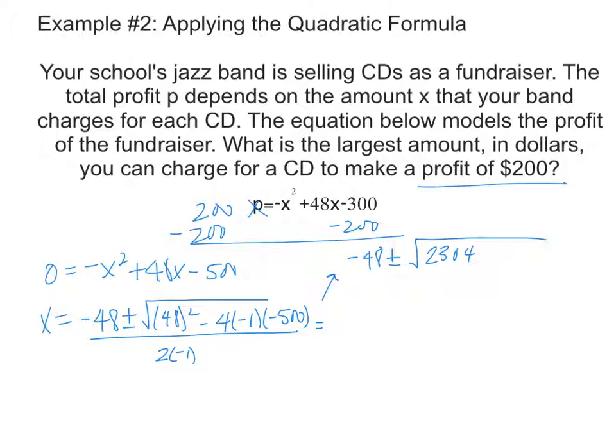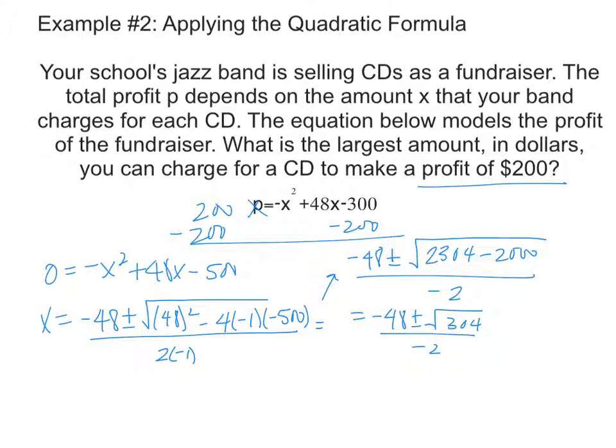Negative 4 times negative 1 is positive 4, and positive 4 times negative 500 would be negative 2,000, all over negative 2. Now if I keep going, that's going to give me negative 48 plus or minus the square root of 304 over negative 2.